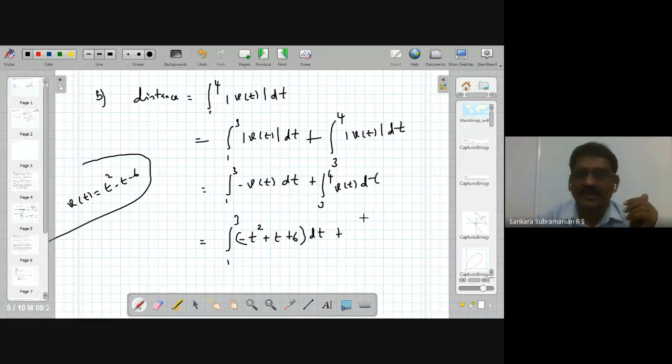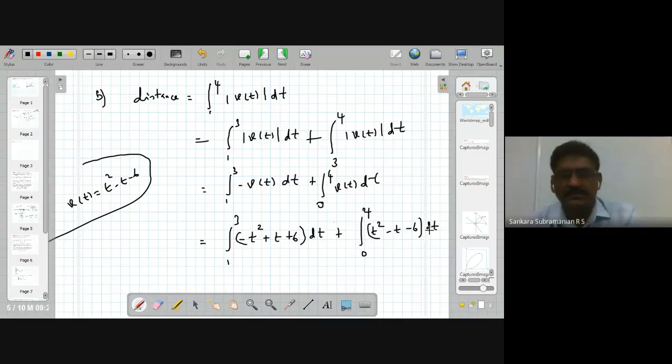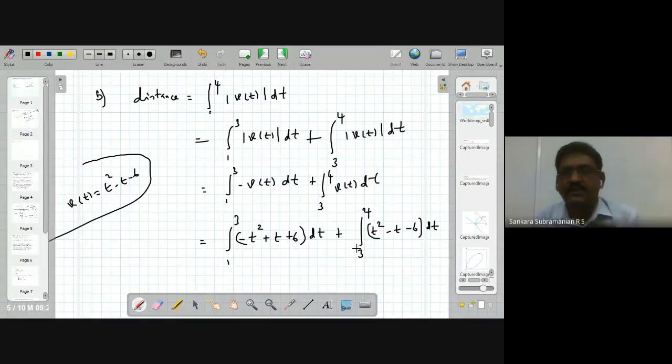Plus integral 3 to 4, v of t, this is plus t square minus t minus 6 dt. Sorry, the limits are 3 to 4. Right. So this is 1 to 3 and this is 3 to 4.